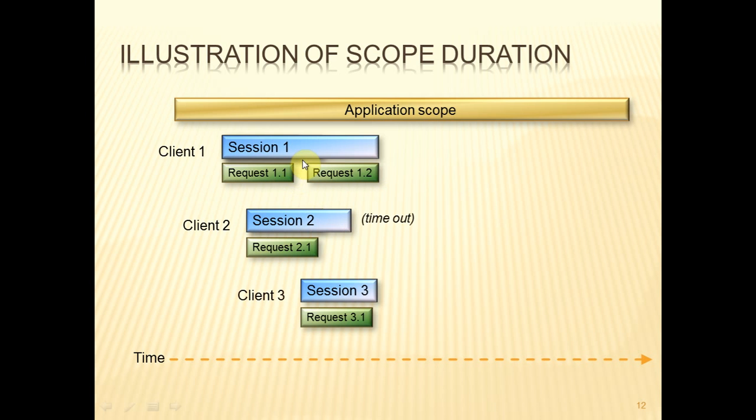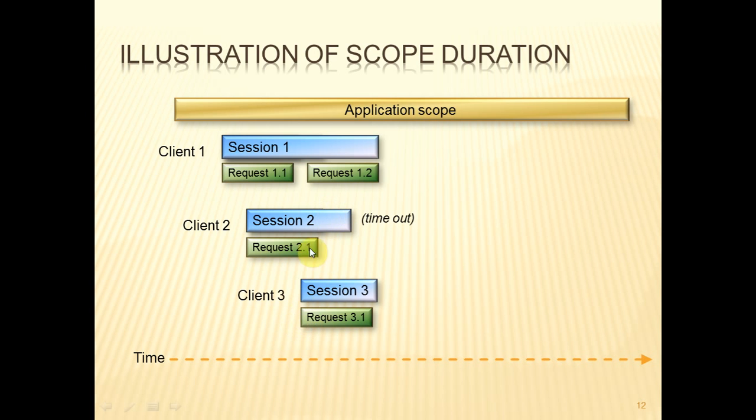A little bit later, client 3 sends in a request 3.1. That creates session 3. Because there has been no request from client 2, and it would seem that session 2 has a very short timeout period, session 2 has now expired. Therefore, that session no longer exists.